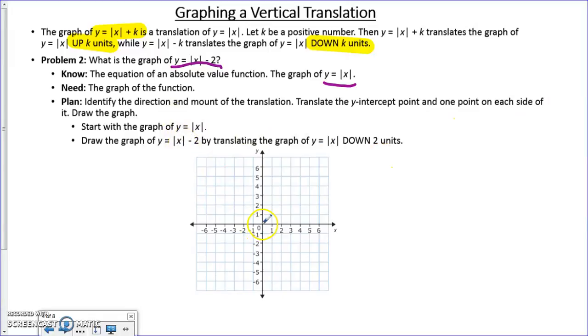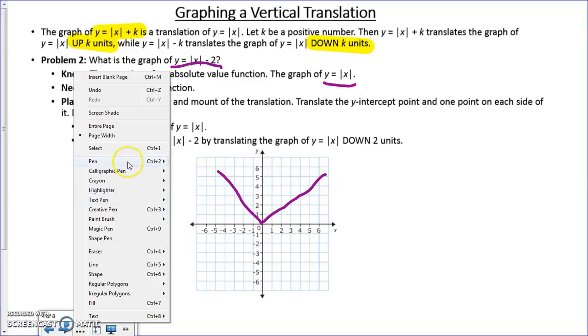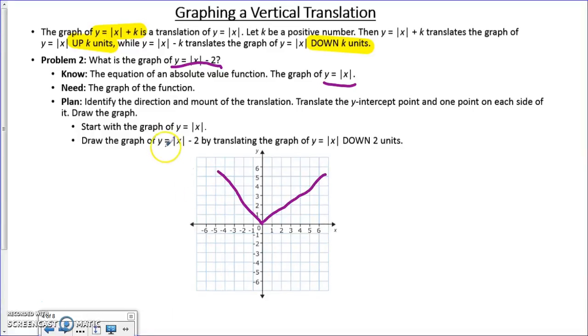If we start out with the absolute value function, which obviously do the best that you can, that's the beginning, y equals the absolute value of x. Now we need to draw the graph of y equals the absolute value of x minus 2, which means we're going to take the y-intercept 0, 0 and translate it down 2 units. That's going to be our starting point. And remember, do the best that you can to make it look like a V.